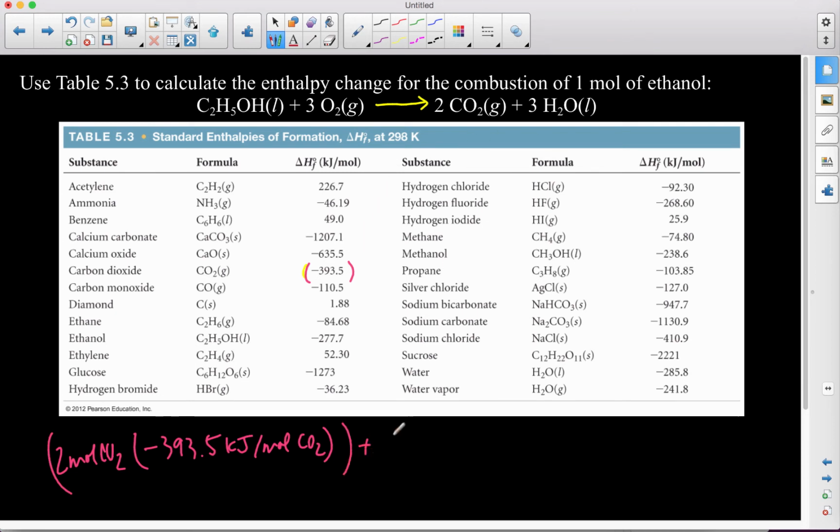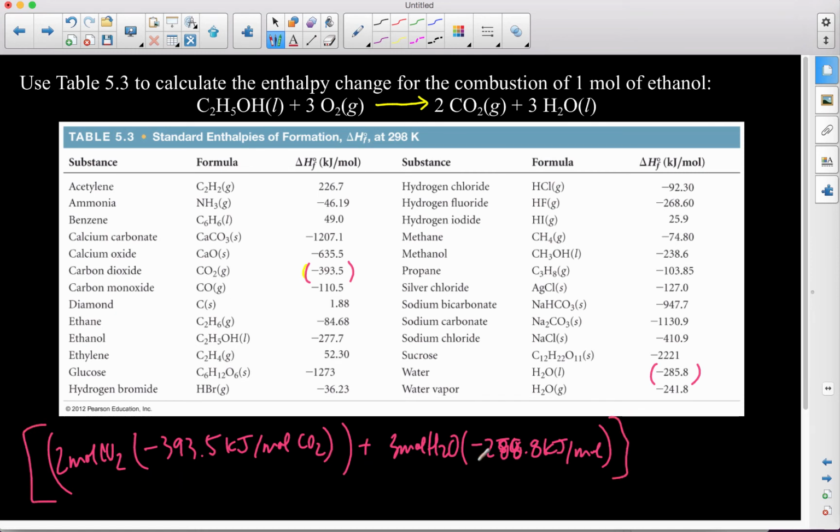We also have 3 moles of water times, we would go find water. By the way, this is liquid water, so we'd go find liquid water, negative 285.8 kilojoules per mole of water. And this would be my products.